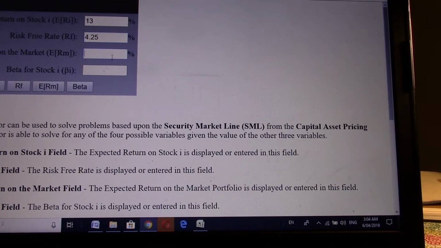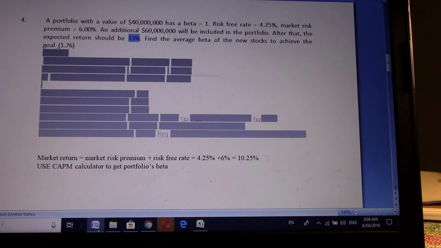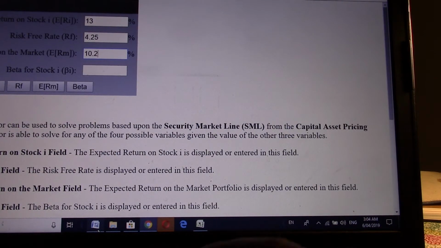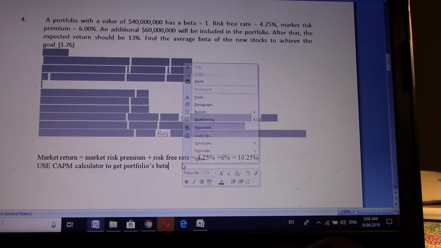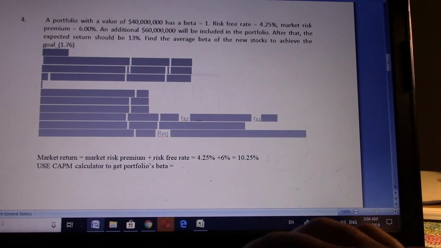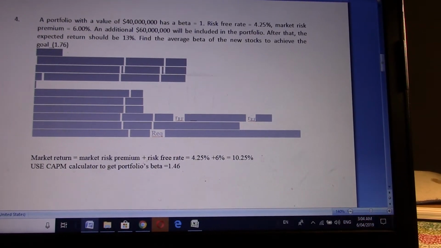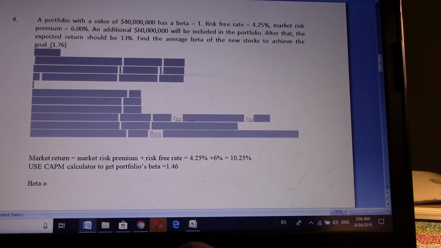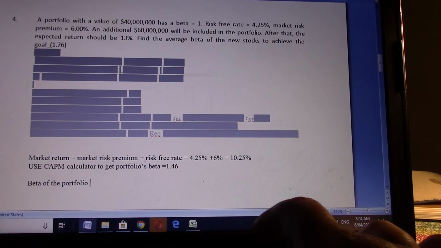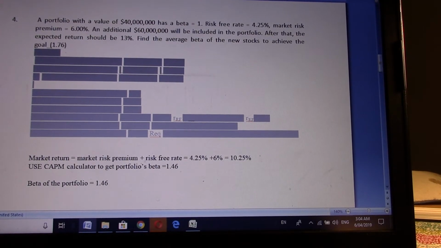The expected return on the market, we did the calculation, is 10.25. Beta for the stock is the question mark. So the result is 1.46. Now you see the beta of the portfolio is known. So the beta of the portfolio equals 1.46.